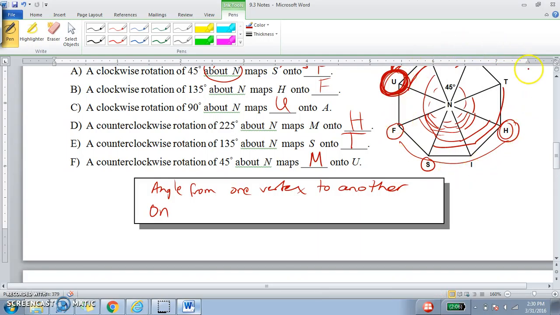And this only works if we have a regular shape. If we have an irregular shape where the sides are not the same length, then this isn't going to work because we're going to have different angles at every spot. So it only works on a regular polygon. We take 360, the total for one rotation, and divide it by how many spots there are, N being the number of sides.